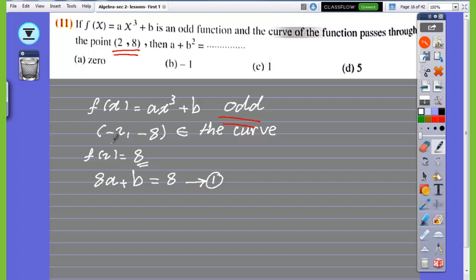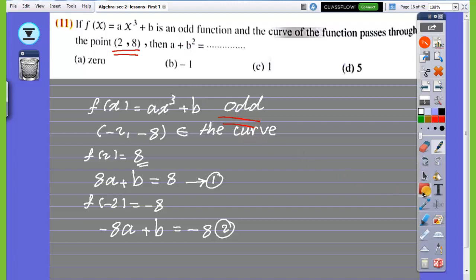Also we have the point (-2, -8). So when x equals -2, we said f of -2 equals -8. Substituting x equals -2, we have -8a plus b equals -8. The required here is to find (a plus b) squared.